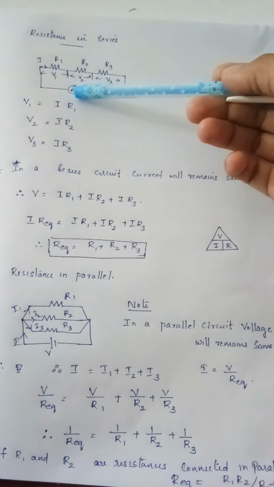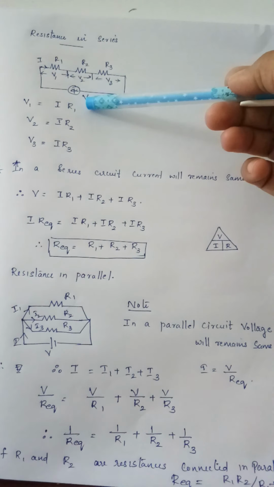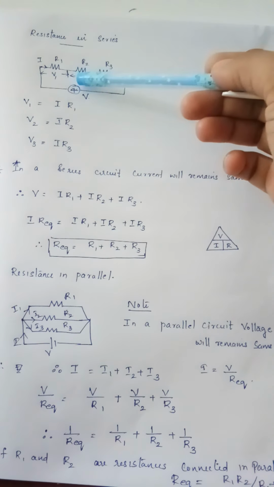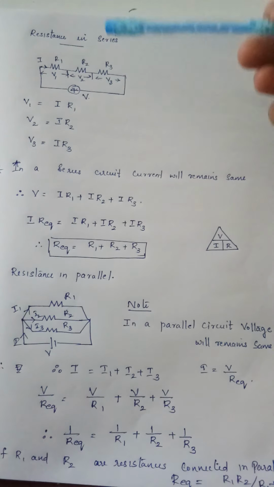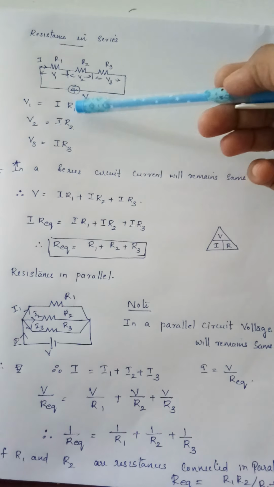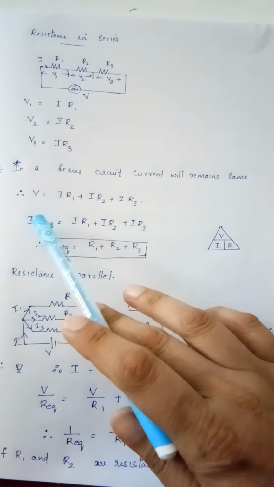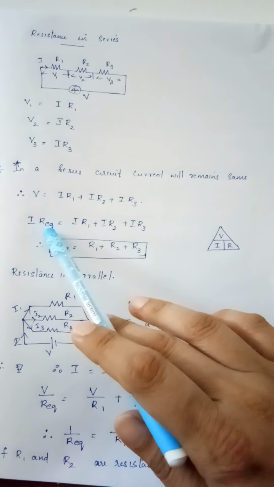So we can write the equation for V in such a way that V equals V1 plus V2 plus V3. Substitute V1, V2, V3 as IR1, IR2, IR3. We can write I into R equivalent equals IR1 plus IR2 plus IR3.